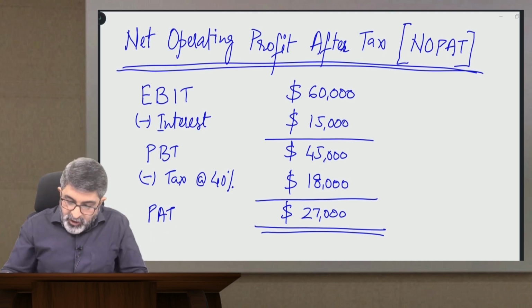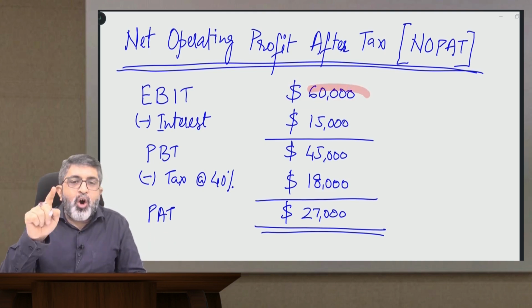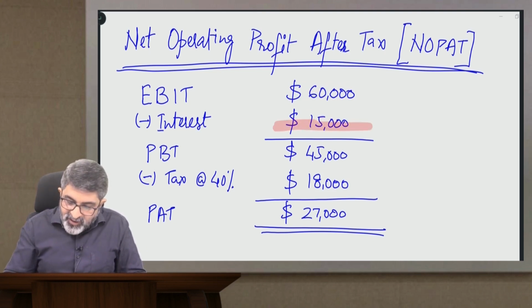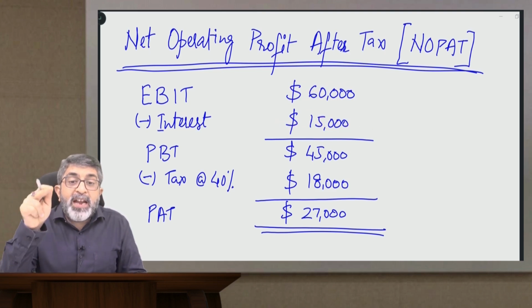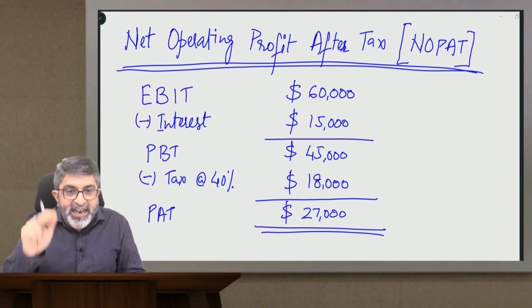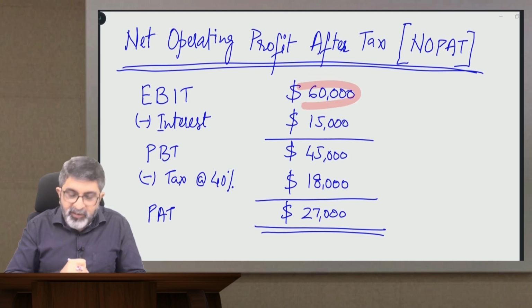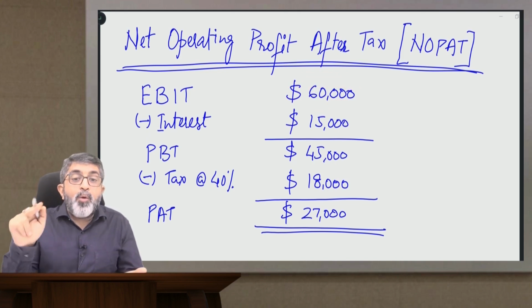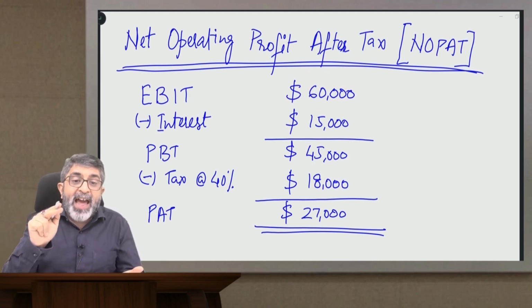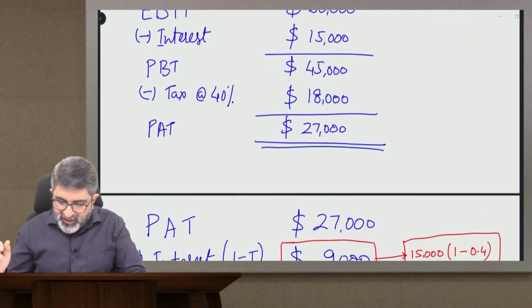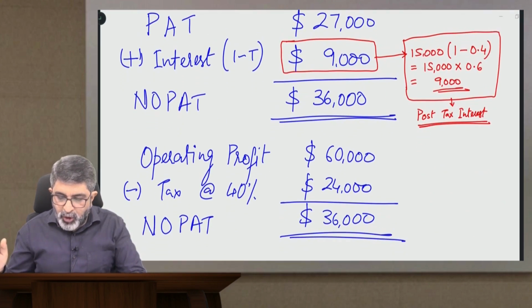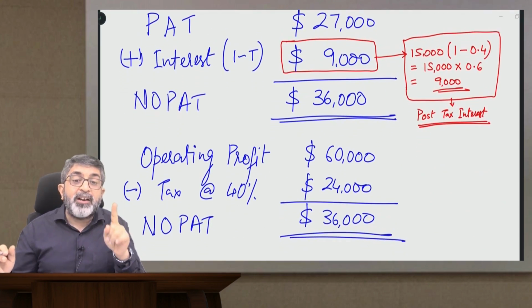In that case, you will pay tax directly on your EBIT because the interest amount is zero. So what if the interest amount is zero? Then you will pay tax on which profit? $60,000. How much will be that profit after tax if there is no interest? That is the meaning of net operating profit after tax.